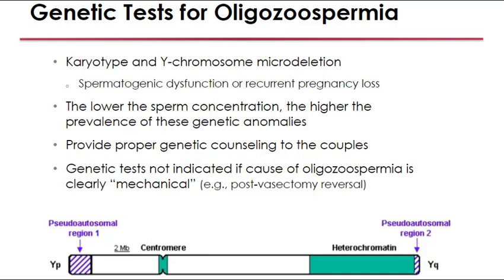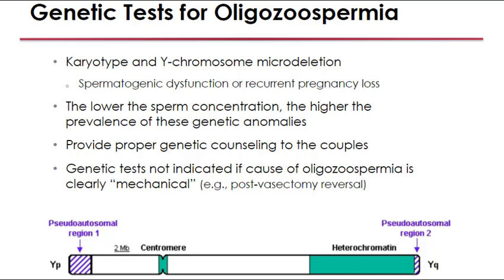Many investigators would perform these tests when sperm concentration is consistently below 5 million per milliliter, and karyotype only for sperm concentrations over 5 million per milliliter, but when there is recurrent pregnancy loss. Generally, the lower the sperm concentration, the higher the prevalence of finding these genetic anomalies. Genetic counseling should be provided to these couples when anomalies are found.